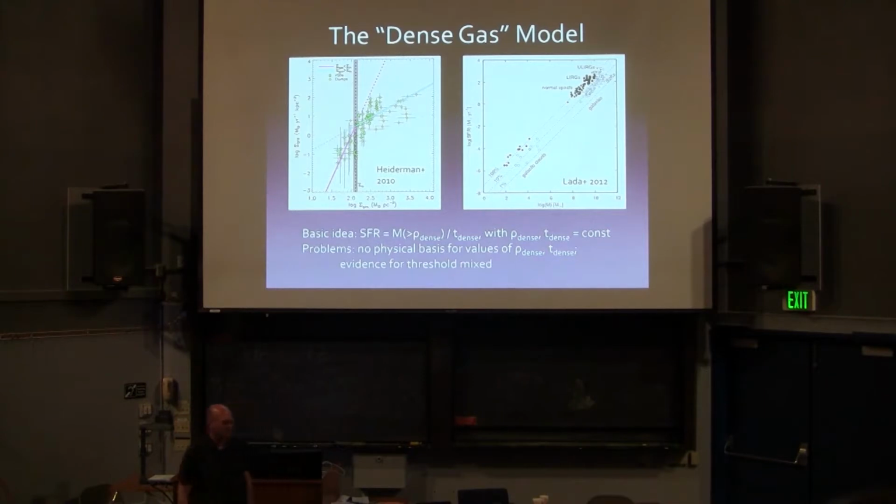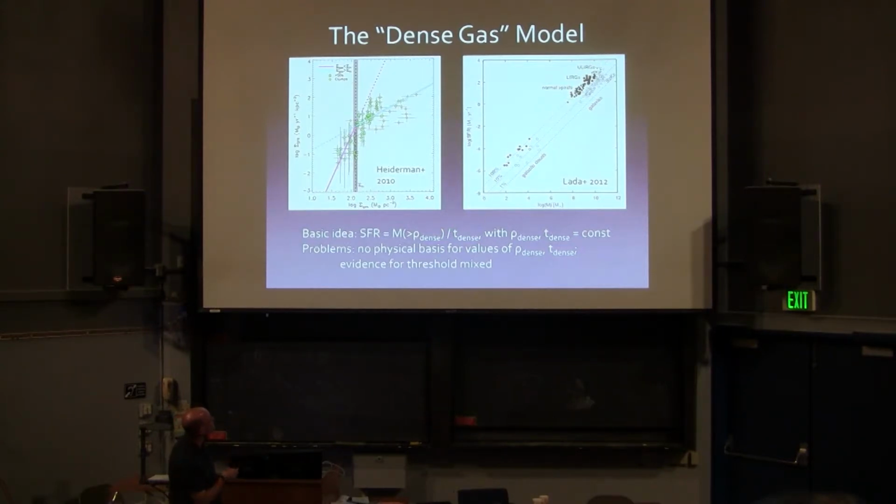This has been proposed by Heiderman. Charlie Latta proposed something similar. So here is total mass, here is star formation rate. The open circles are normal galaxies. The filled circles are ULIRGs, etc. These are for dense gas.